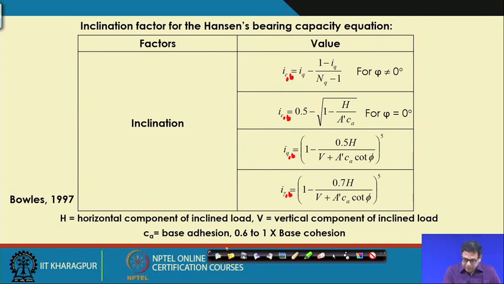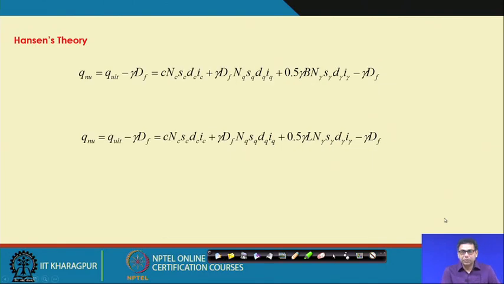And then the inclination factors I C L, I Q L, I gamma L. So, two sets of factors will be given, and then you have two equations, one where all terms will be in terms of B, and another in terms of L.